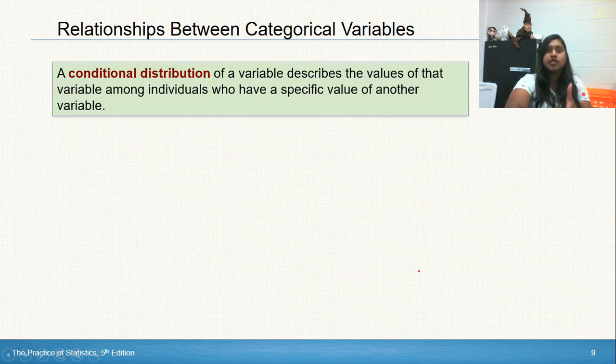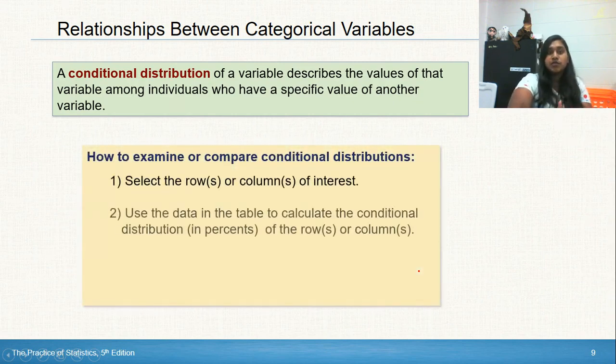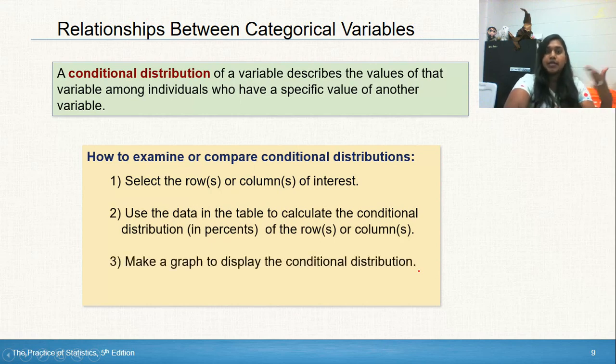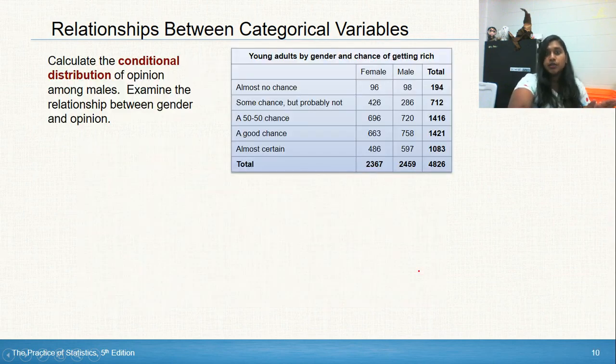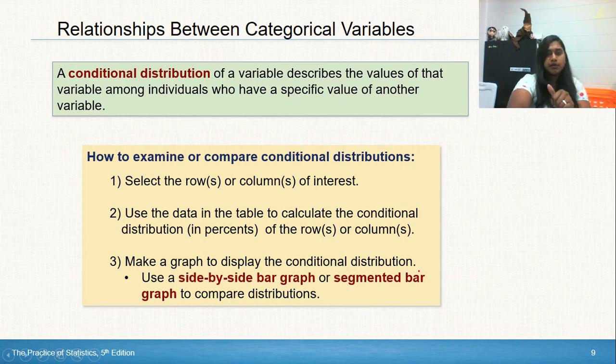So what if I want to know the conditional distribution of the female? So I'm going to select, make my data, do the graph. So part one is the only thing that's different between marginal and categorical is that selection of row or column of interest. In this case, we want to know side-by-side segmented. Okay, so that's my second difference. How you display it's going to be a little different because now you're going to show two variables in this example.